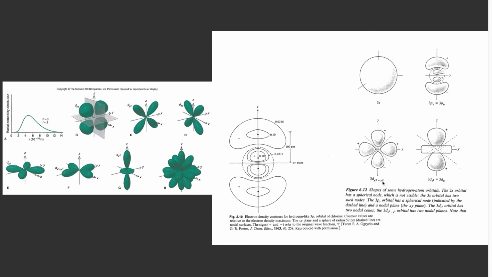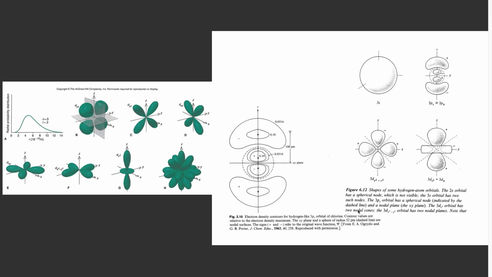And here's the 3d x squared minus y squared orbital showing the x equals y and the x equals minus y here and the x equals y lobes. And then the 3dz squared orbital. The 3dz squared orbital has some strange looking kind of parabolic nodes within the torus, which are a little bit odd.